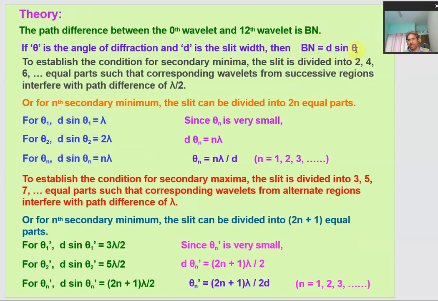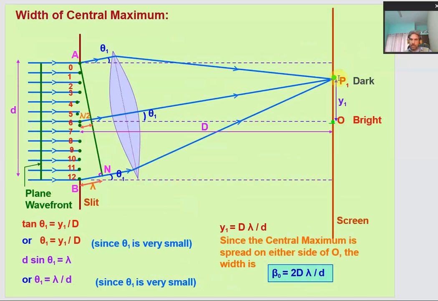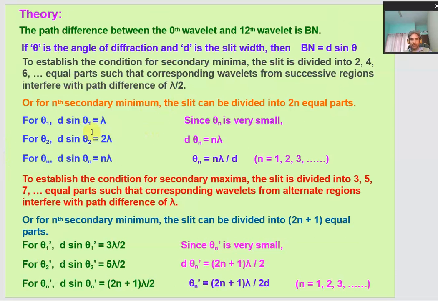It will be a different angle, theta 2, because point P1 was the first dark fringe, and now the second dark fringe will be at a successive position. So the angle theta will be different for that one. That's why we keep it theta 2, which is different from theta 1. Therefore we get the expression D sine theta 2 equal to twice lambda. So we are getting the next dark fringe.